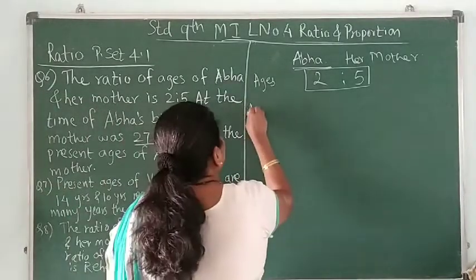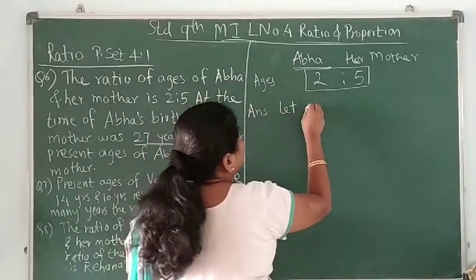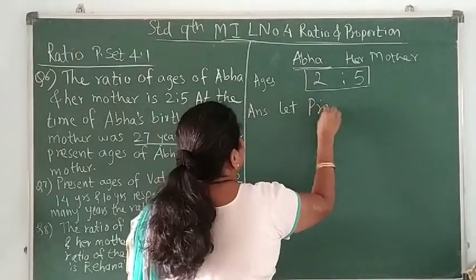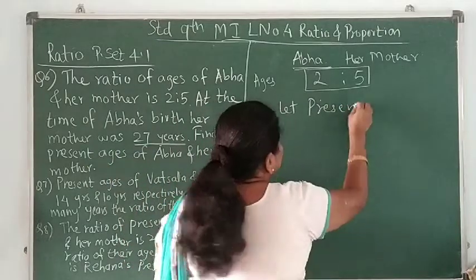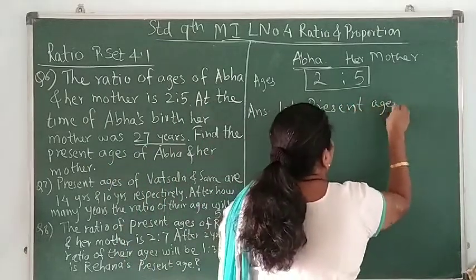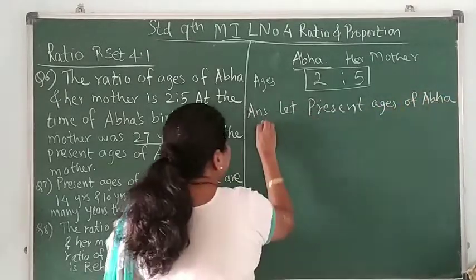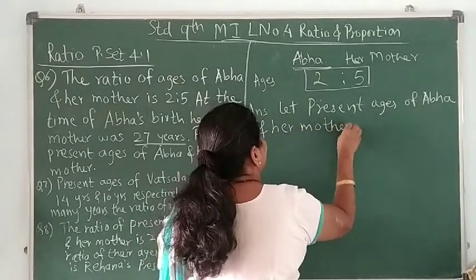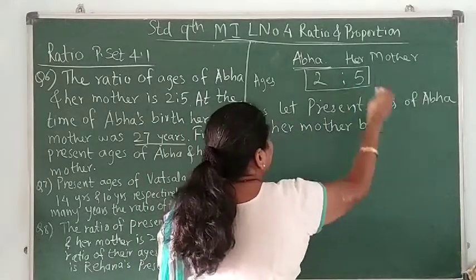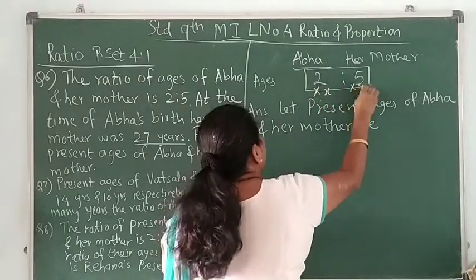So we can start this answer as: let the present ages of Abha and her mother be, we have decided that we will multiply both the numbers by x.